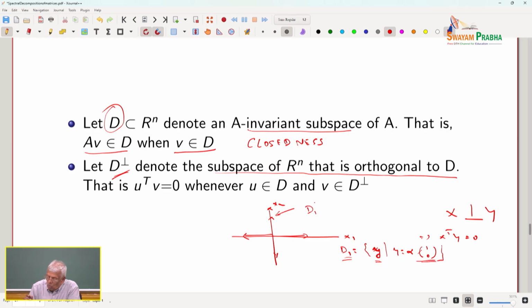D1 perpendicular is the set of all vectors z such that z is equal to beta times (0, 1). The first component is 0, and the second component is beta times 1. So, these two spaces are orthogonal to each other: the one-dimensional space along x1 and the one-dimensional space along x2. I denote this by the perpendicular sign. What does it mean? If I pick any vector u belonging to D and v belonging to D perpendicular, their inner product is 0.